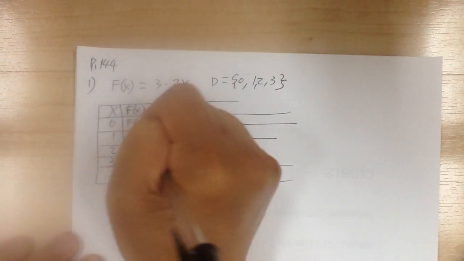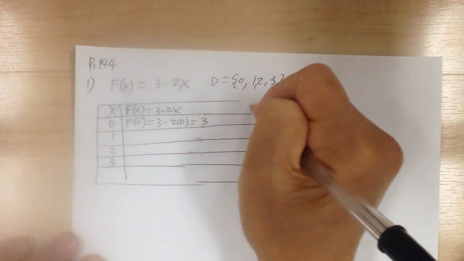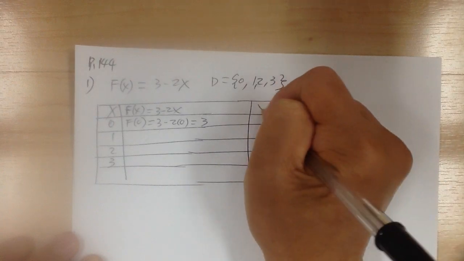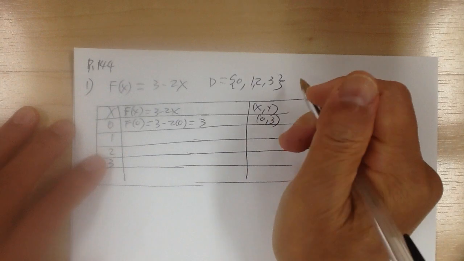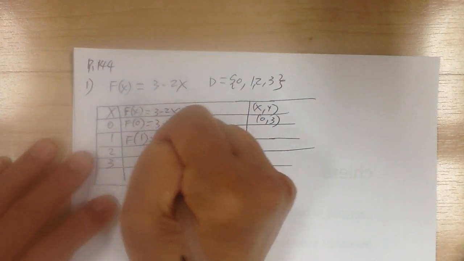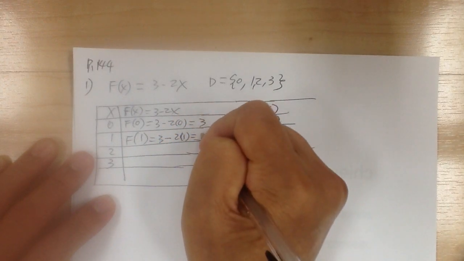So f of 0 equal to 3 minus 2 times 0 equal to 3. And so here's your x and the y. So you're going to get 0, 3. Okay, then you have f of 1 equal to 3 minus 2 times 1. So it'll be equal to 1.